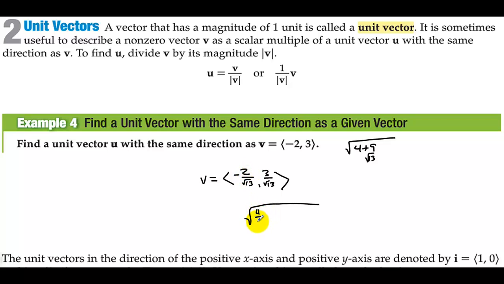We have 4 over 13, plus, if we square this one, we have 9 over 13, which is the square root of 13 over 13, which is square root of 1, which is 1. This vector has the same direction as that one, but has a magnitude of 1. This is the answer we're looking for.